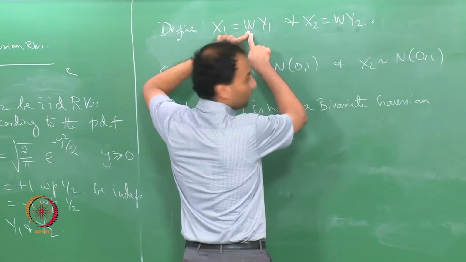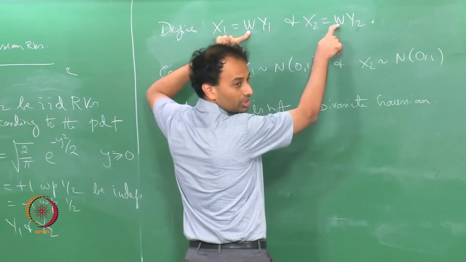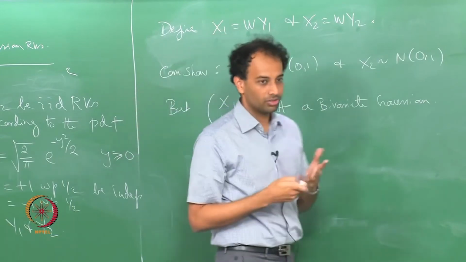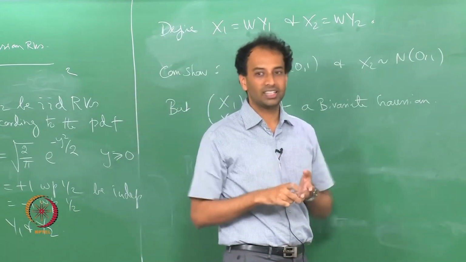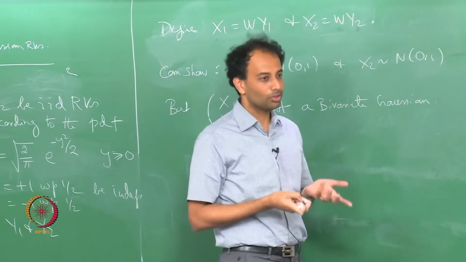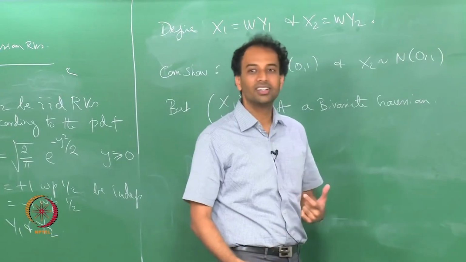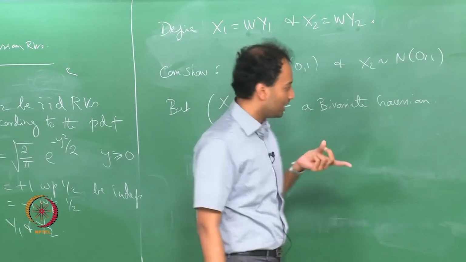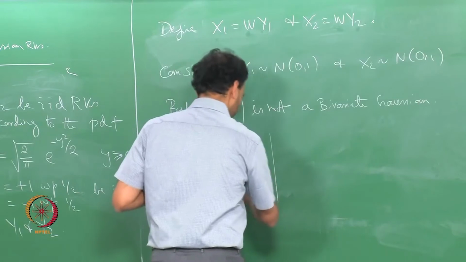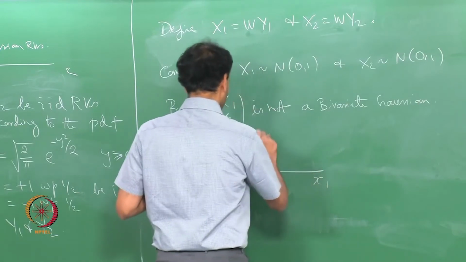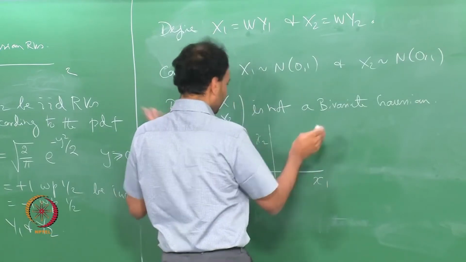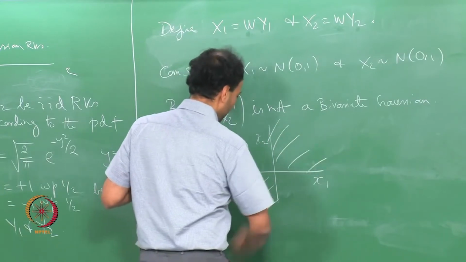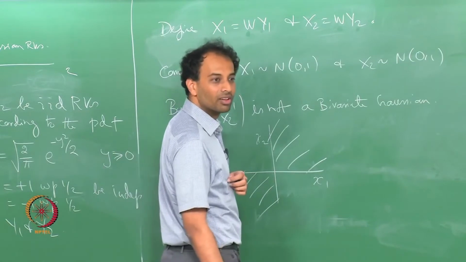So, if my W is plus 1 here, it is also going to be plus 1 here, which means if I look at my x1 and realize that it is positive, then I can immediately say that x2 is also positive. There is no way that x1 and x2 will have different signs. In other words, if you just plot little x1 and little x2, the joint density of x1 and x2 is constrained to the first and third quadrants, correct.